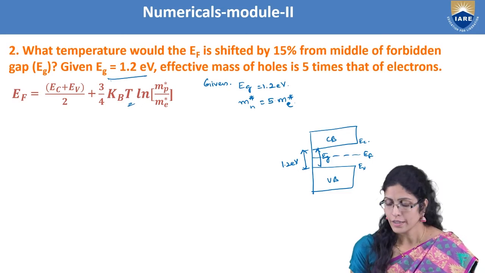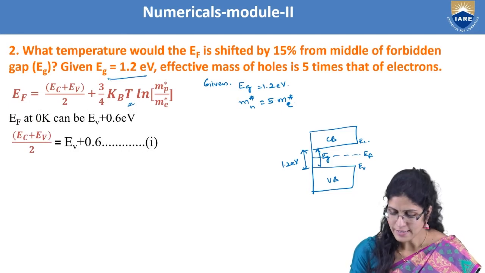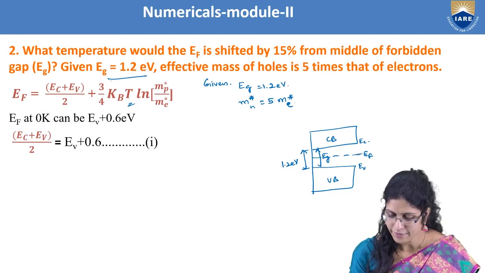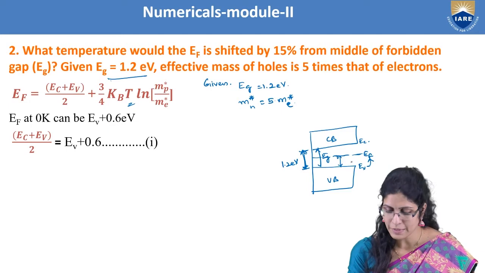So you can also write this EF as EV plus, so if this is 1.2 electron volt, then what is this? Half of it means 0.6 electron volt.